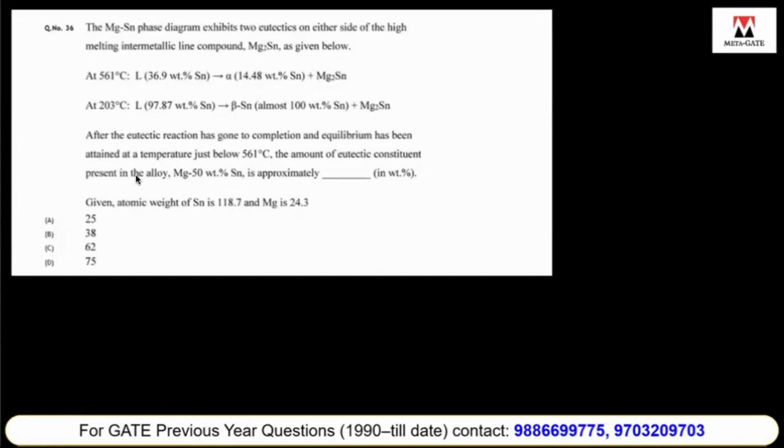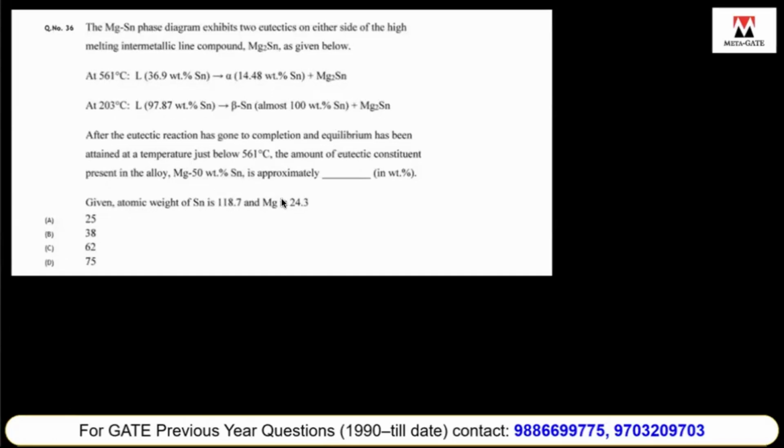After the eutectic reaction has gone to completion and an equilibrium has been attained at a temperature just below 561 degrees centigrade, the amount of the eutectic constituent present in the alloy of magnesium 50 weight percentage tin is approximately.